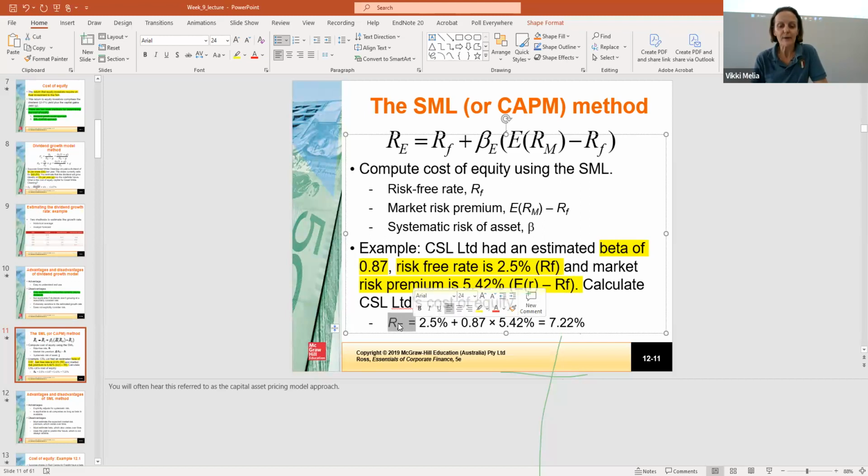So the cost of equity or the required return from investing in that company is equal to the risk-free rate plus beta multiplied by the risk premium. So that means shareholders require a return of 7.22% to invest in shares in CSL. So from the company's point of view, that's their cost. They need to earn at least 7.22% from their assets to be able to give that return to the shareholders.